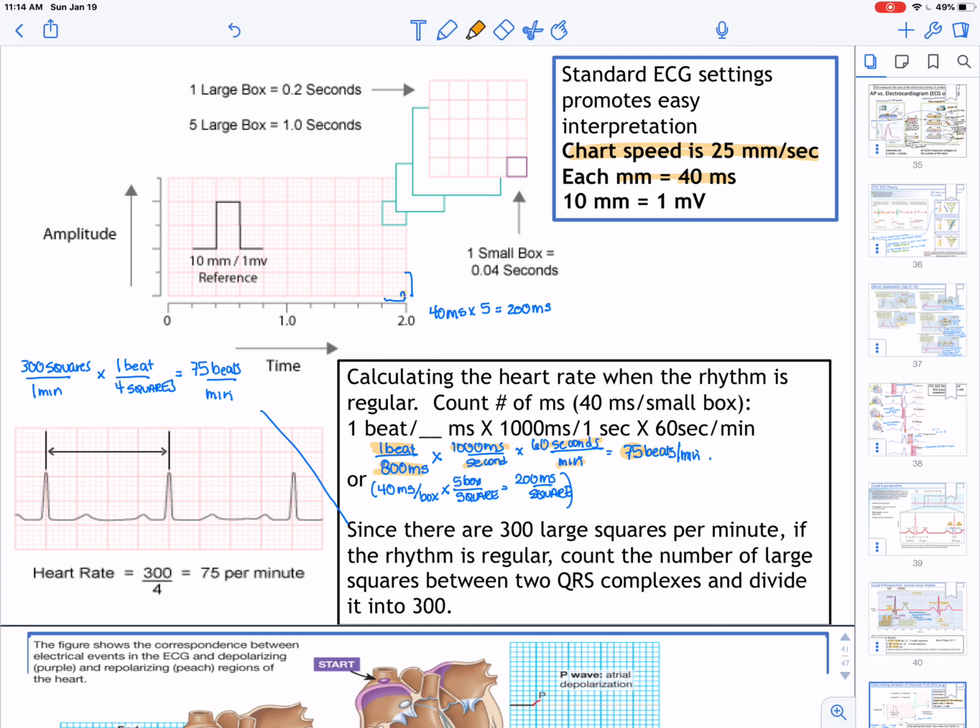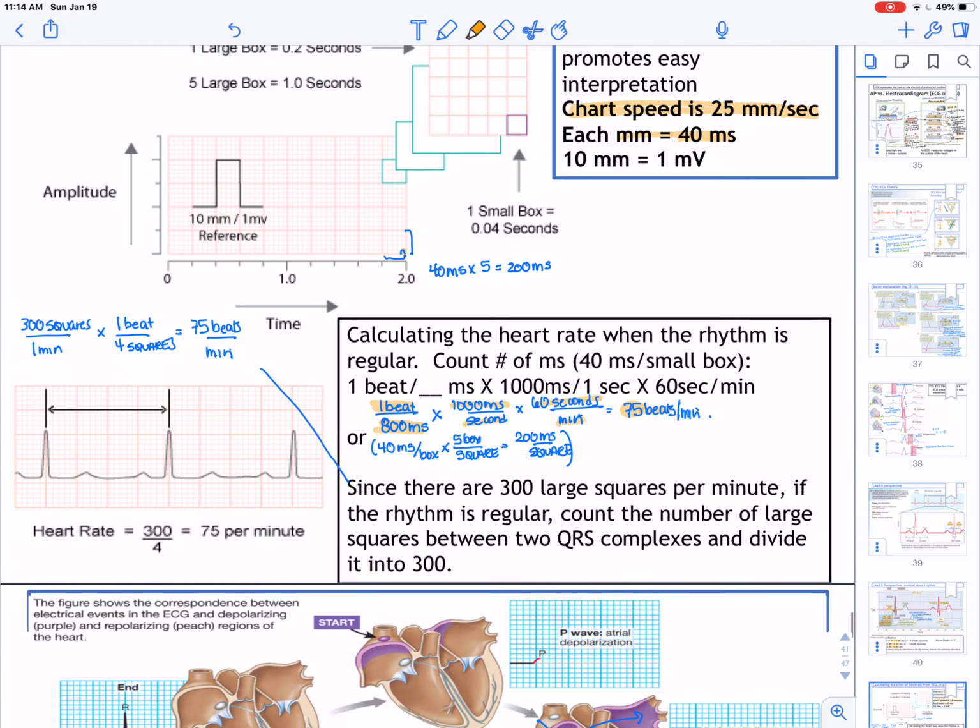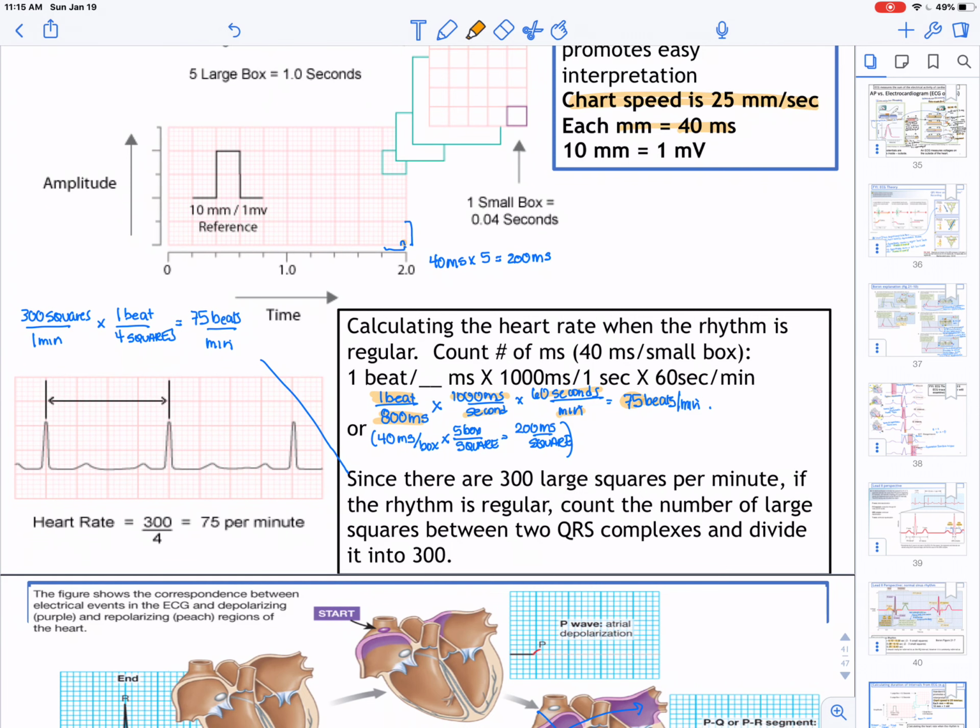There are a couple of other ways to calculate heart rate from the ECG record. With this standard chart speed, there are 300 large squares in a minute.